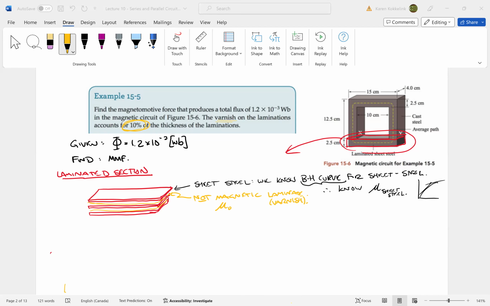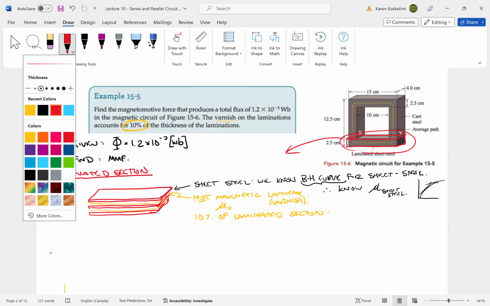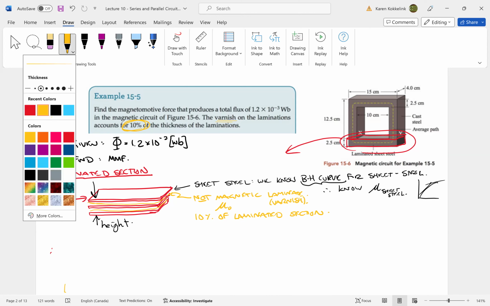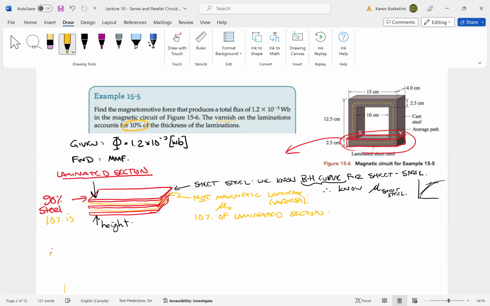So what that means is, in this laminated section, 90% of this height is sheet steel and 10% is laminate.